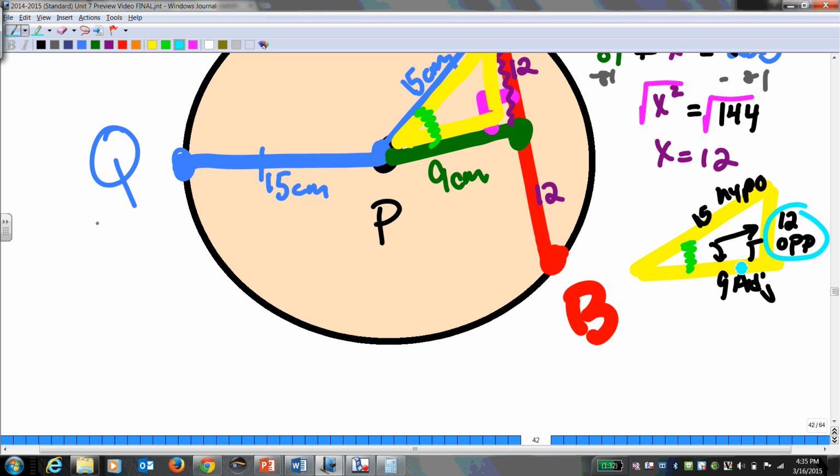Just for kicks, I'm going to switch it up and use OA, opposite over adjacent. So inverse tan, opposite over adjacent is going to give us that angle theta.